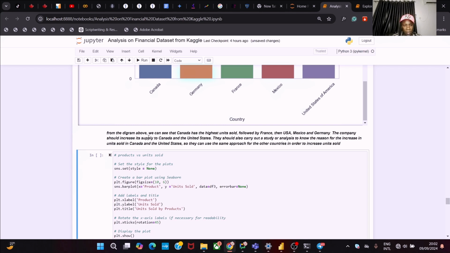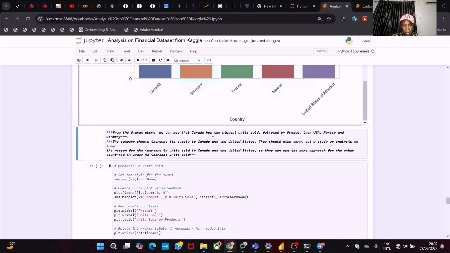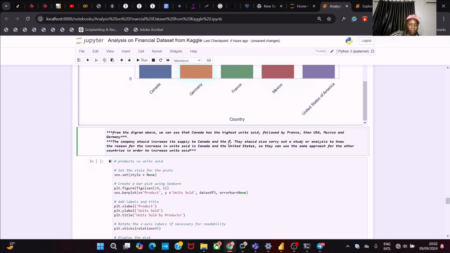The company should increase its supplies to Canada and France. It should also carry out a study or analysis to know the reason for the increase in the units sold in Canada and France. So they can use the same approach for other countries in order to increase units.